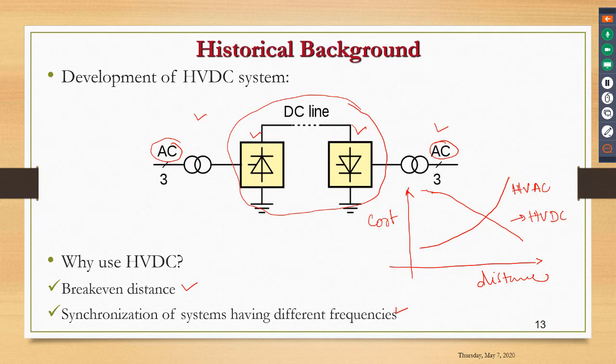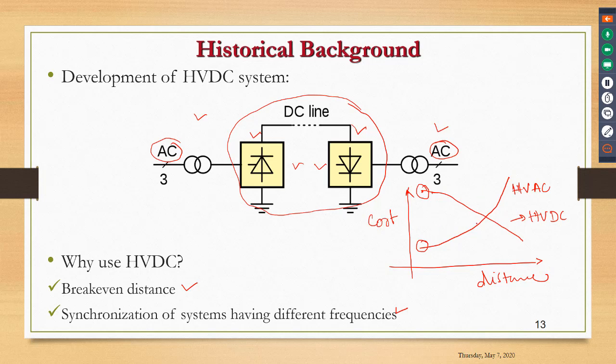That means the initial cost for the HVDC system is very high because we are using different converters, and in fact they are high voltage converters and very costly. And in the HVAC system the initial cost is very low, right? The initial cost, if we compare, is very low.